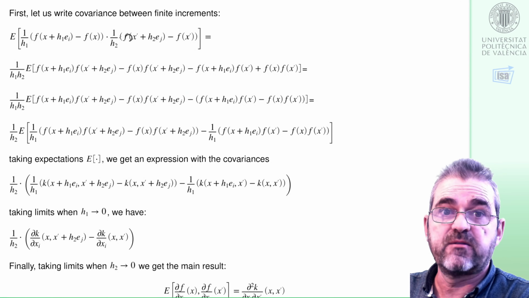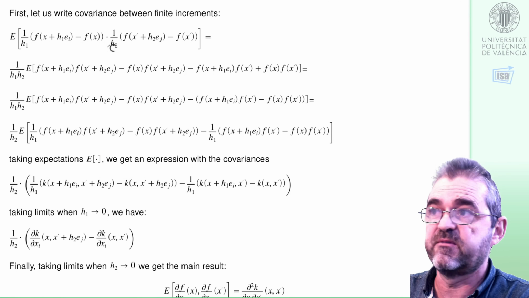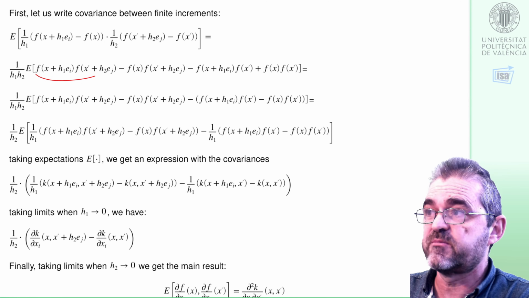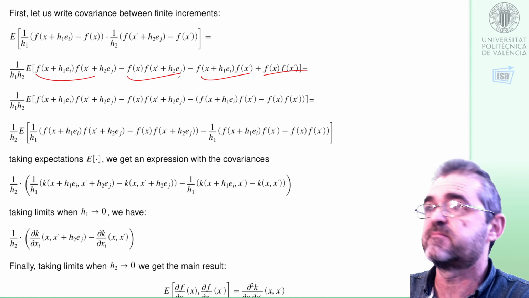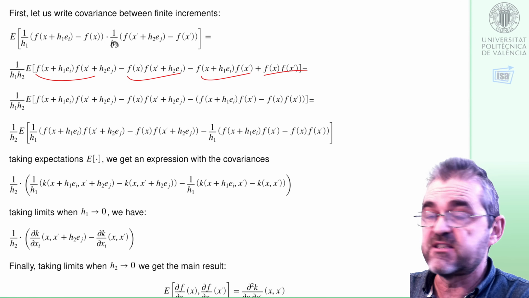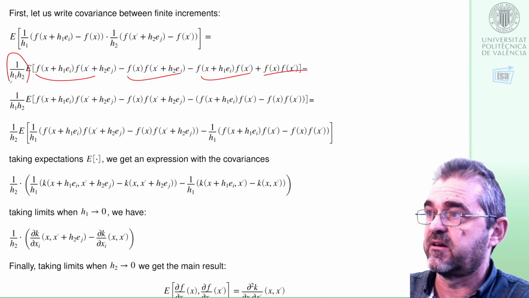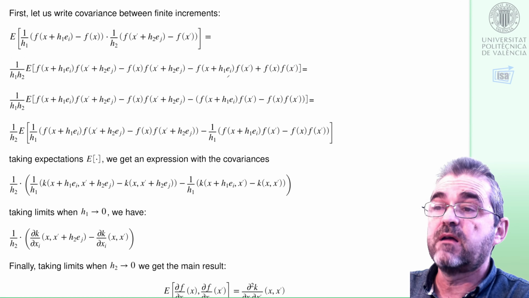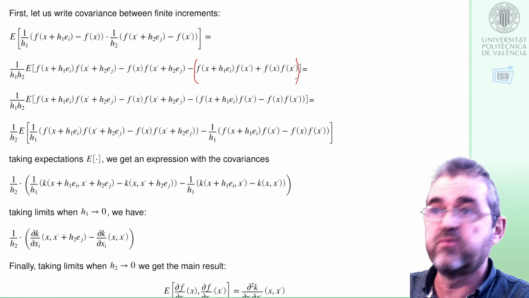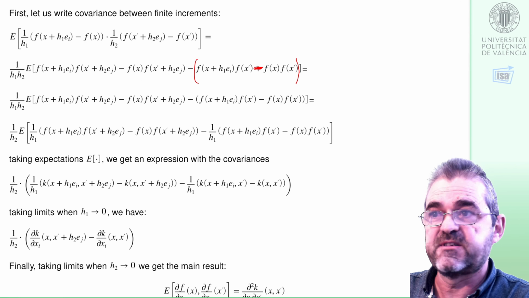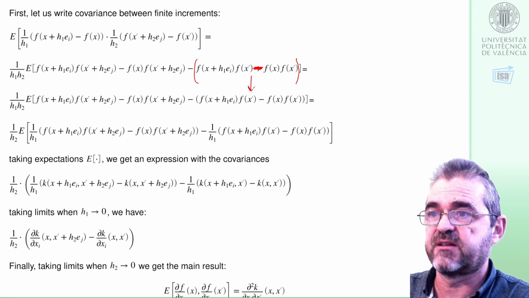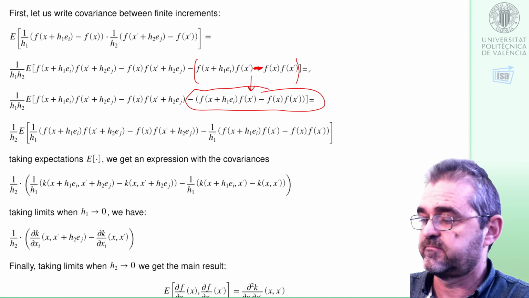The product of these two differences will give me 4 terms in the multiplications, and of course h1, h2 dividing can go out here, and I can put a parenthesis here and change this sign, and that's what I did here.